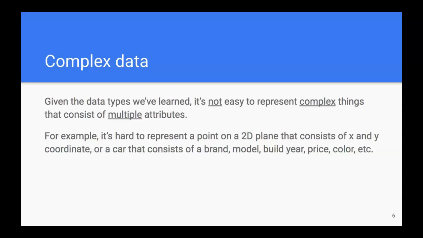that consist of multiple attributes. Think about a geometry class: if you want to represent a point on a 2D plane, what do you need? Well, you need two numbers, right? We need an x and y.